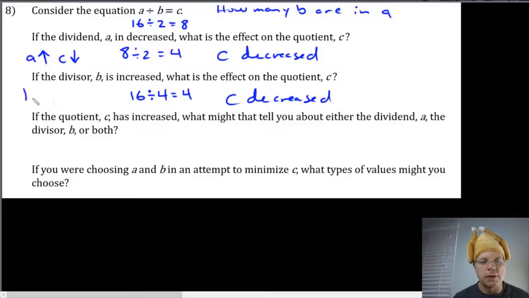So when B is increased, C is decreased. The quotient is decreased.